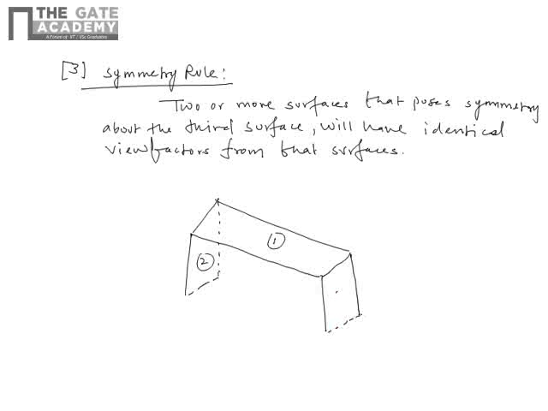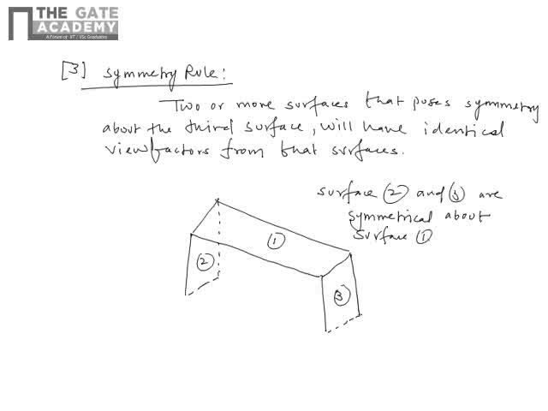Let us say this is surface 2, this is surface 3. Surfaces 2 and 3 are symmetrical about surface 1. Then the view factor F12 will be equal to view factor F13. This is known as the symmetry rule.